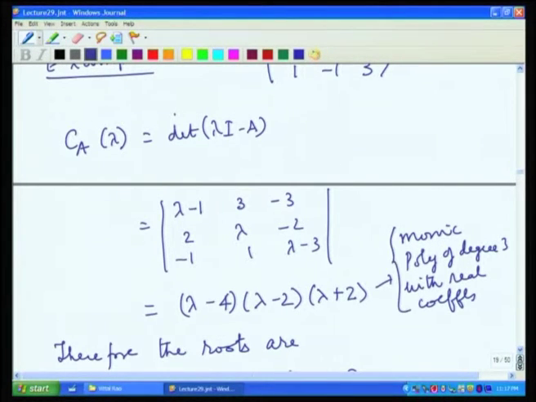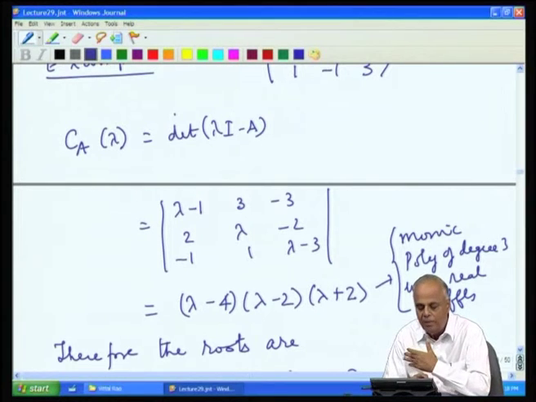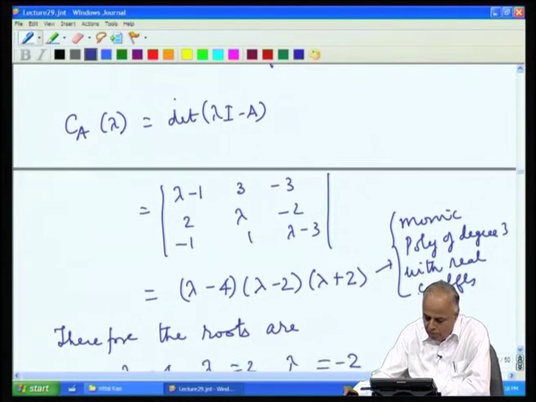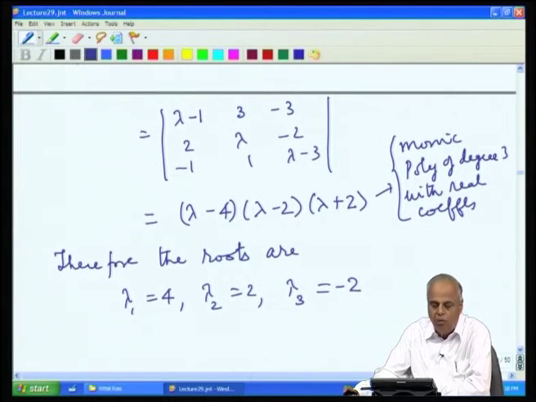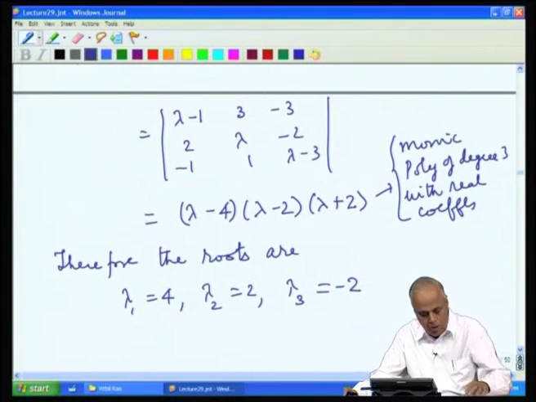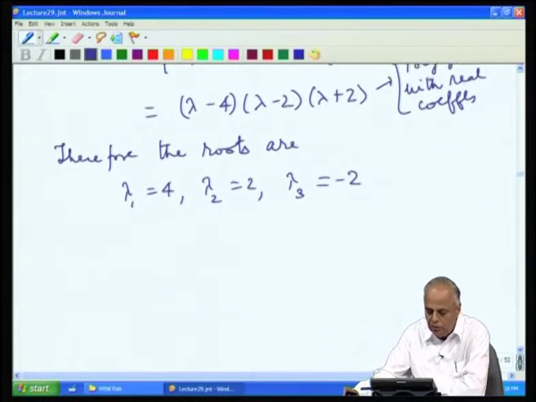The degree is 3 because we are dealing with a 3 by 3 matrix. If we deal with an n by n matrix, our degree will be n. Therefore, the roots of this characteristic polynomial, namely 4, 2 and minus 2, are the eigenvalues of this matrix.